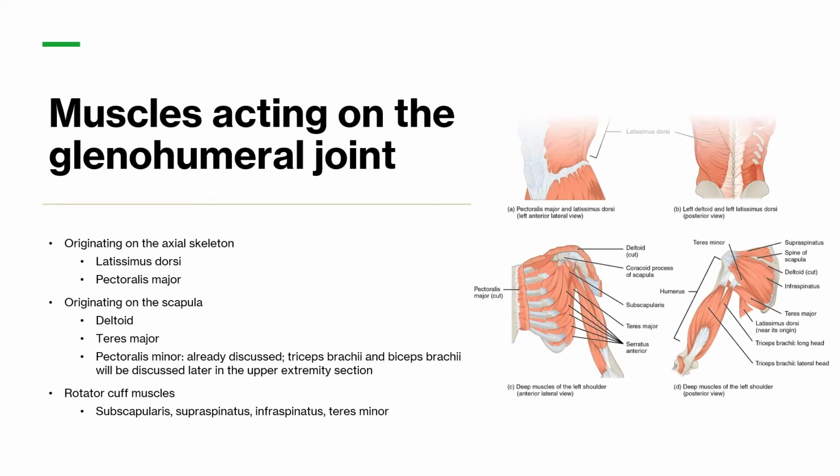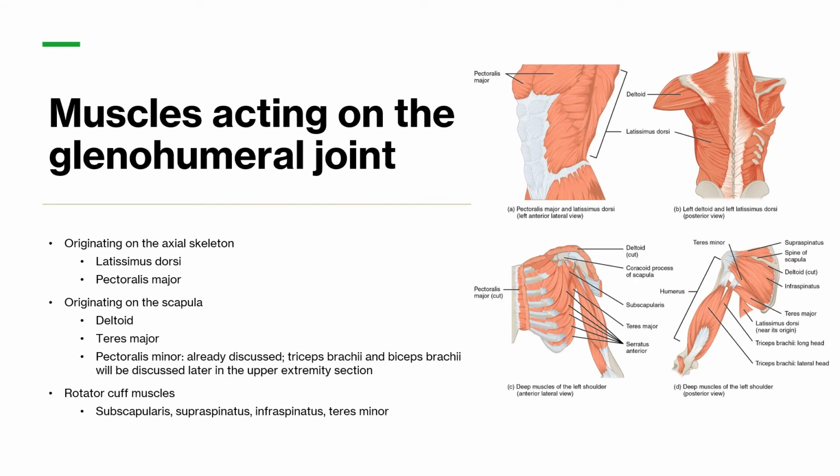You have muscles that originate on the scapula, such as the deltoid, teres major, as well as the pectoralis minor, which we already discussed, and the triceps brachii and biceps brachii, which will be discussed in the upper extremity section later. And we also have the rotator cuff muscles, which we're going to discuss subsequently as well.